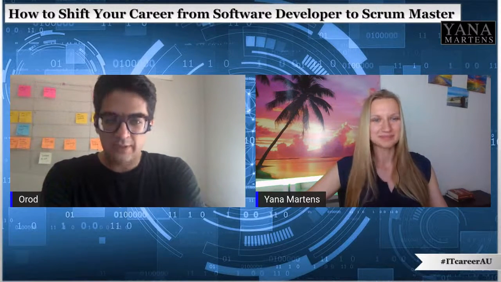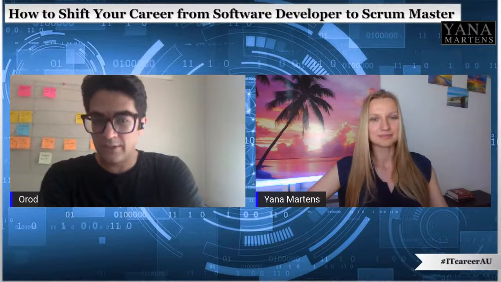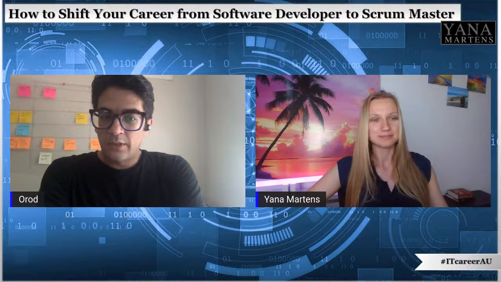Because influencing without authority, trust me, is not easy. And you're not just influencing the team as a Scrum Master. You also influence other people, like mid managers, senior managers, or even executives. So I think this is critical.